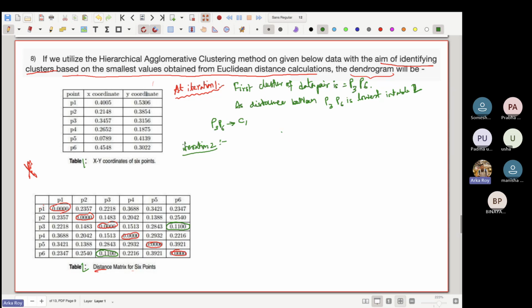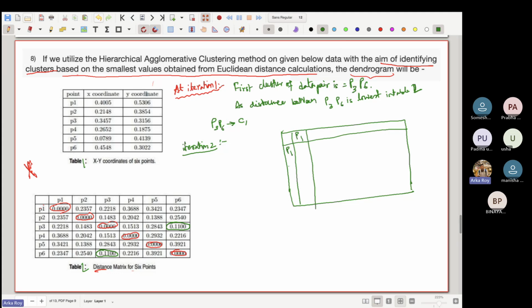In iteration 2, we have to calculate this distance matrix. And what are the changes that you will observe? That is the main point. P1 will be there, then you will have P2. P3 you will not have, because you had P3 and P6, and as the distance between these two was very small, you have clubbed them together. So you will not get P3 and P6 individually.